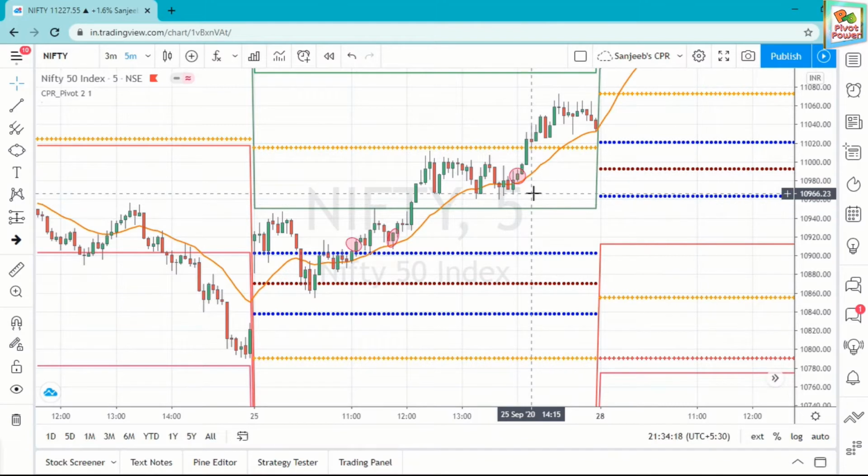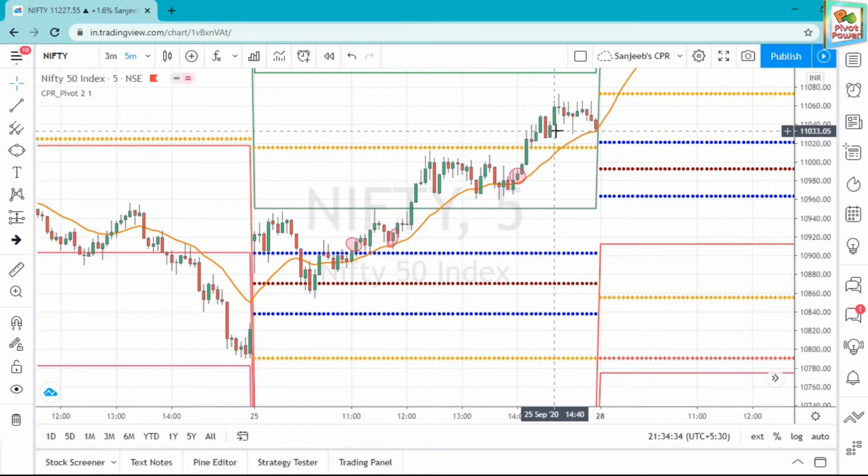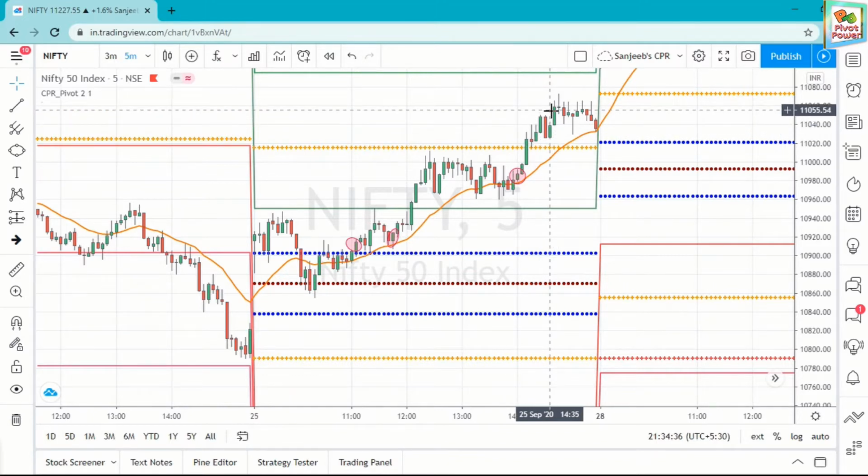In this candle the entry should be here, and the stop loss should be below the 20 EMA or below the previous candle low, and the target should be the day high. If it crosses the day high, then you can target to some extent.